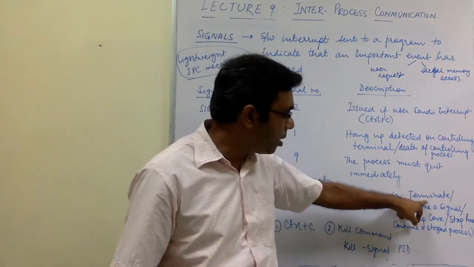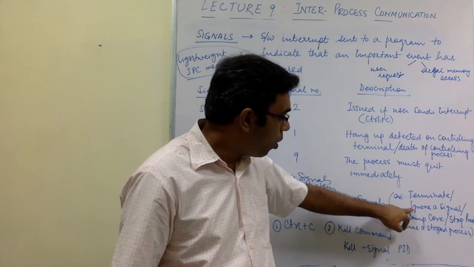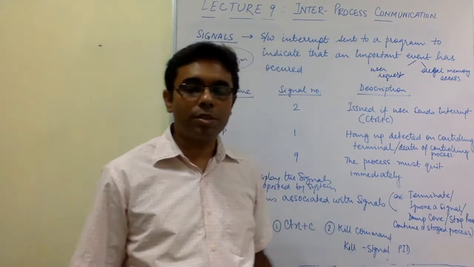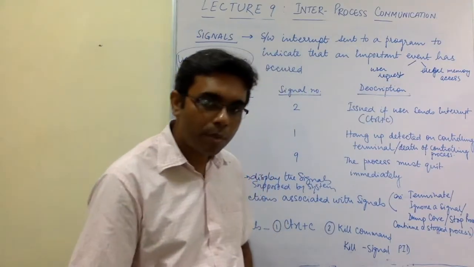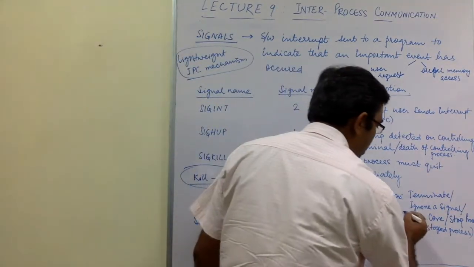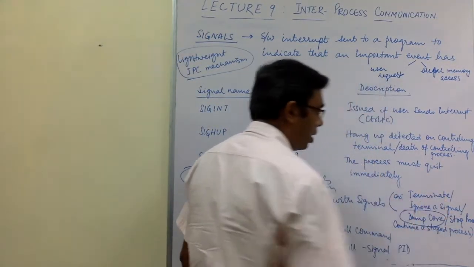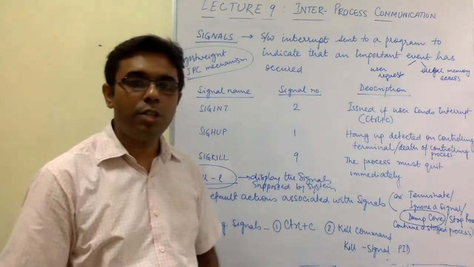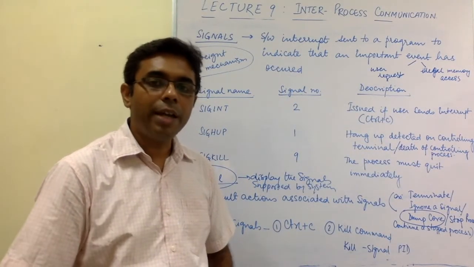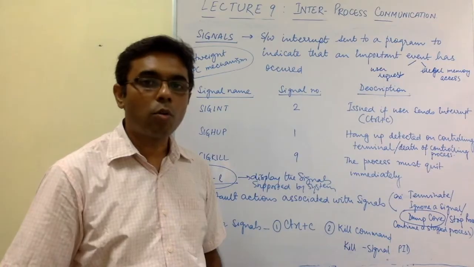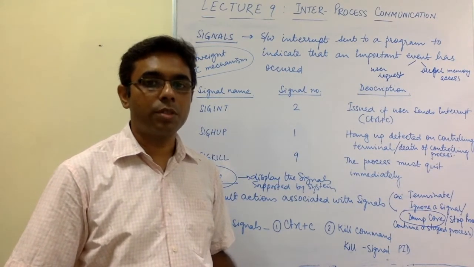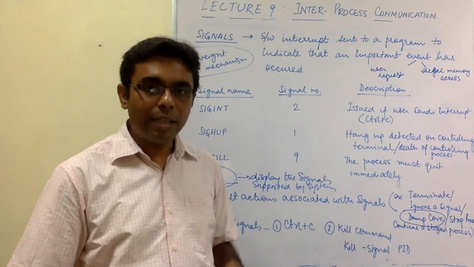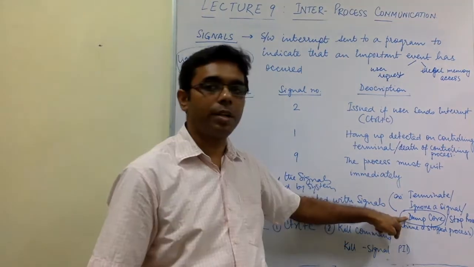So it can either terminate some process, or it can ignore a signal completely, or it can be something like a core dump. In case a signal leads to a core dump, it creates a file called core, which holds the memory image of the process at the time when the signal was generated.